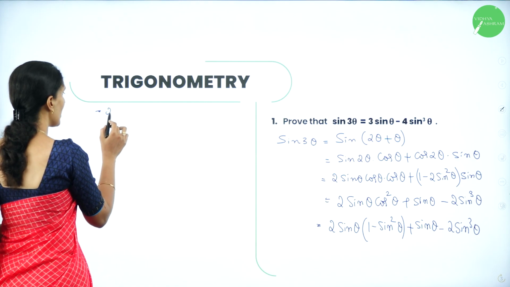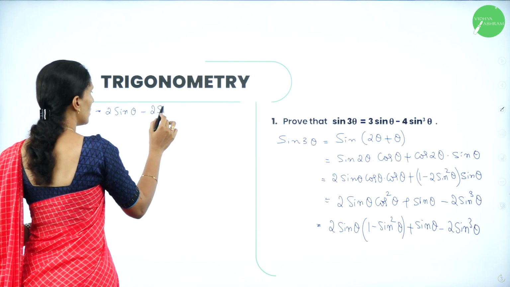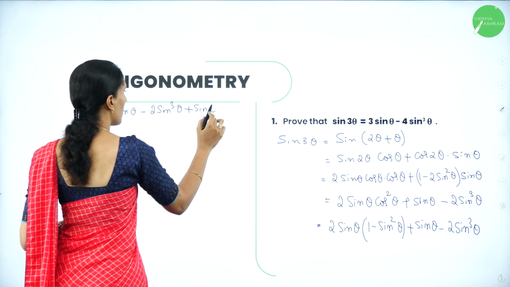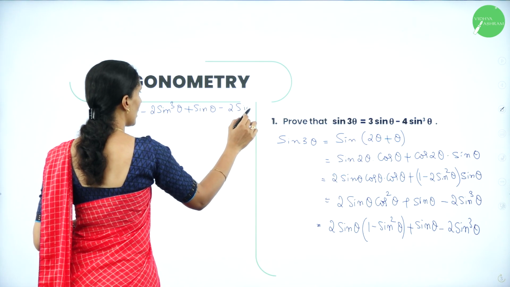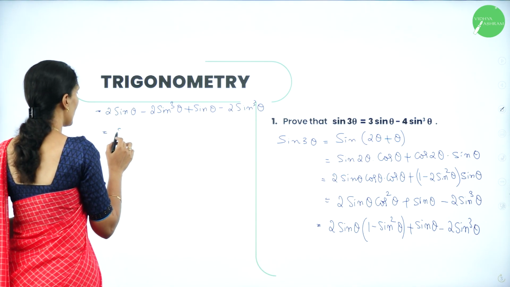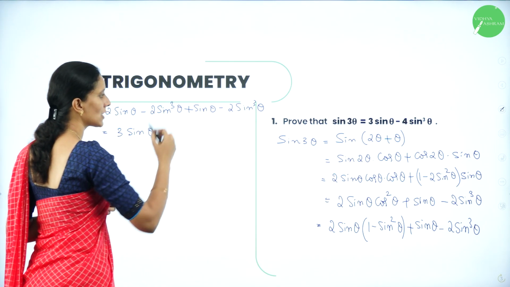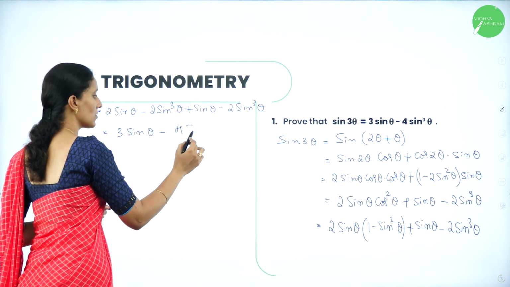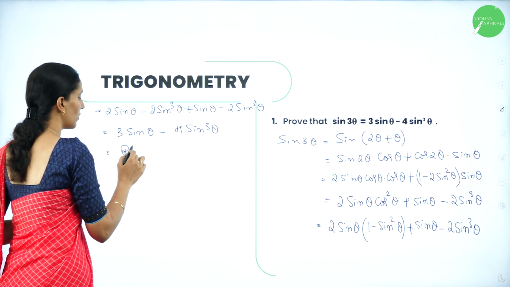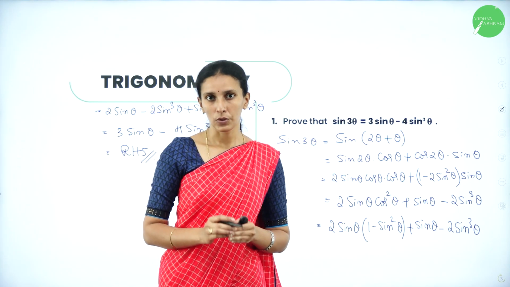So you will get it as 2 sine theta minus 2 sine cube theta plus sine theta minus 2 sine cube theta. So 2 sine theta plus sine theta is 3 sine theta, minus 2 sine cube theta minus 2 sine cube theta becomes minus 4 sine cube theta. That is the right hand side of the result. Hence, the formula is proved.